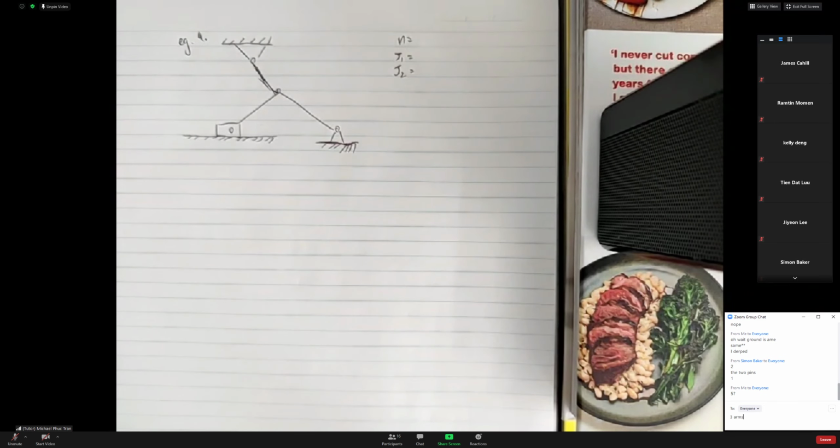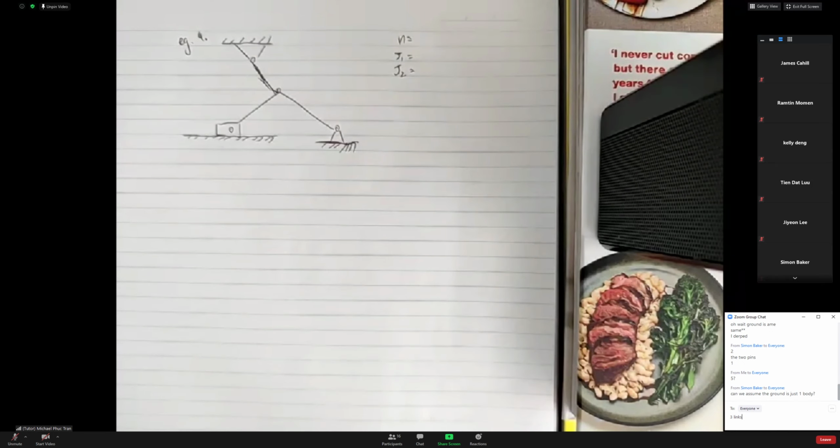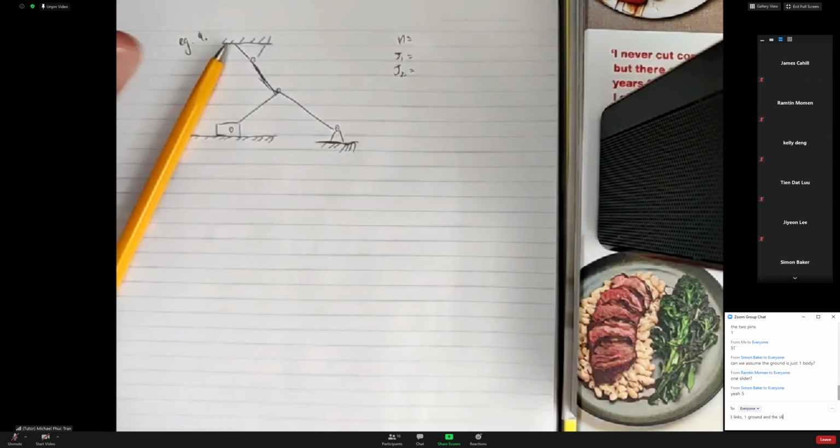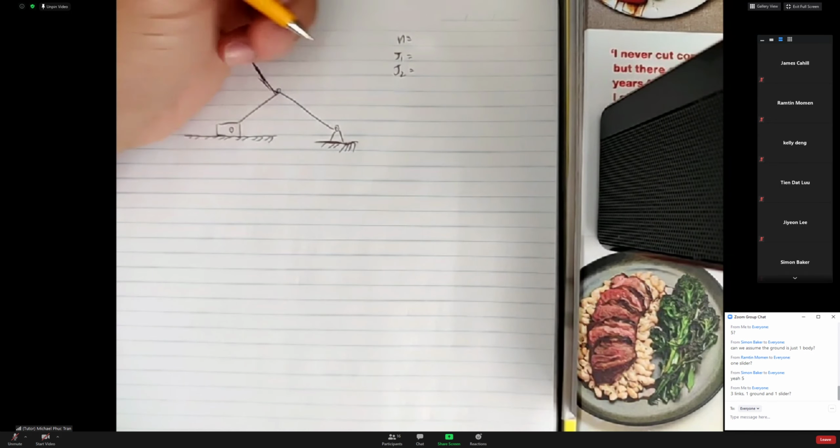Five. So 3 links and then 1 ground. Yep, we can. Even though it's in different places, they're not going to move against each other, so they can be counted as one body. Yep, cool. 5.